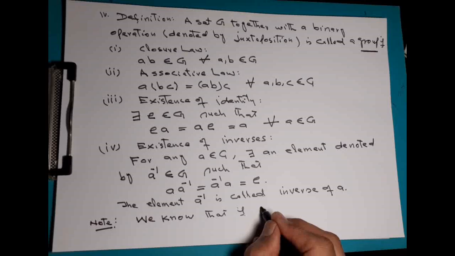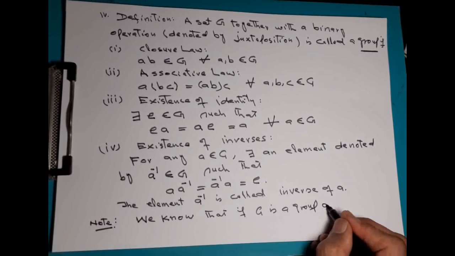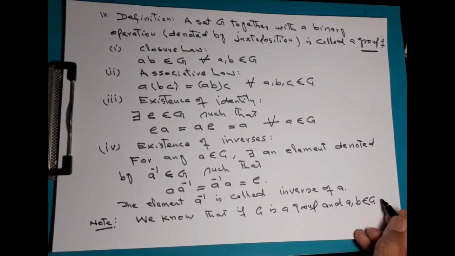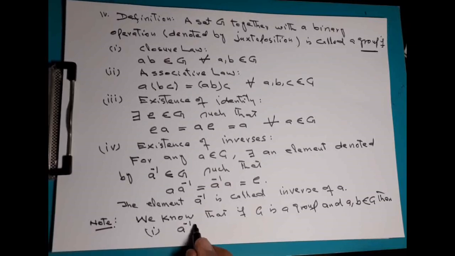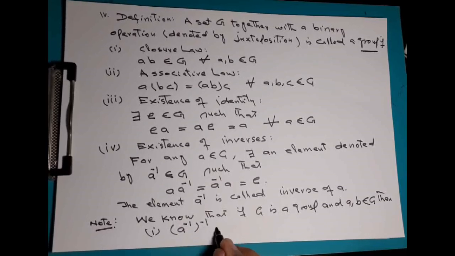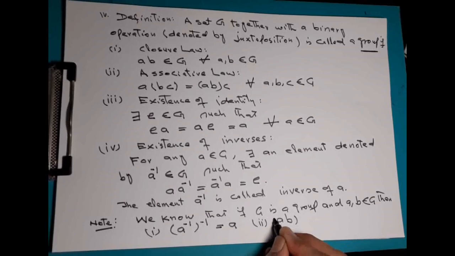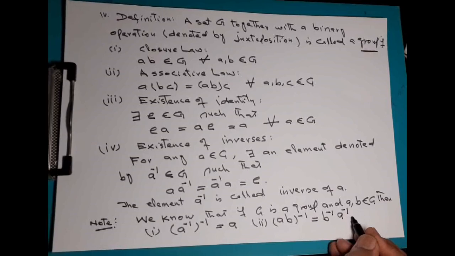If G is a group and A, B are two elements of this group G, then if we take the inverse of A inverse, the result is equal to A. Secondly, if we multiply these two elements A and B with each other and take the inverse of this product, this is equal to B inverse A inverse. So this is from your previous knowledge.